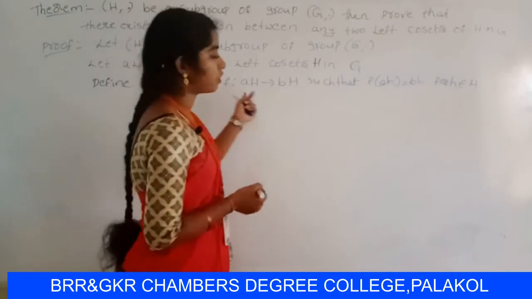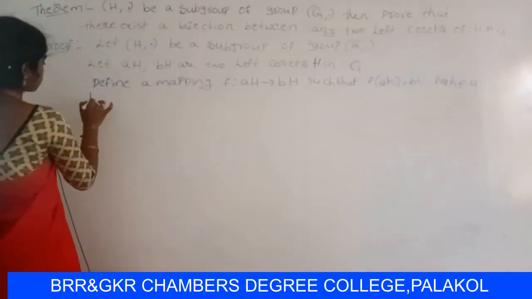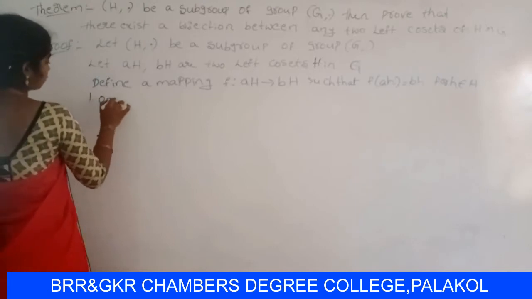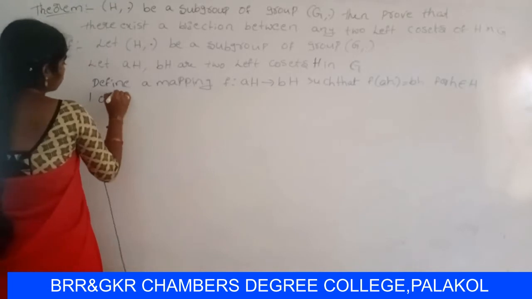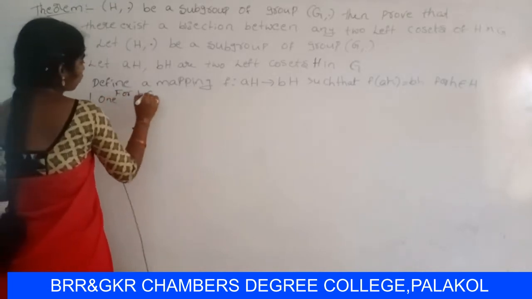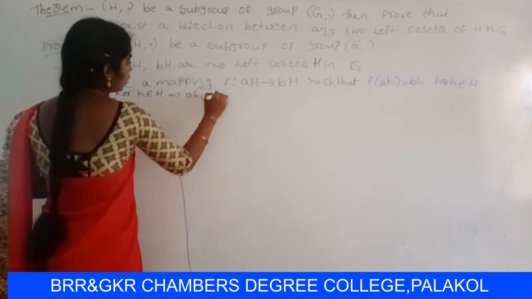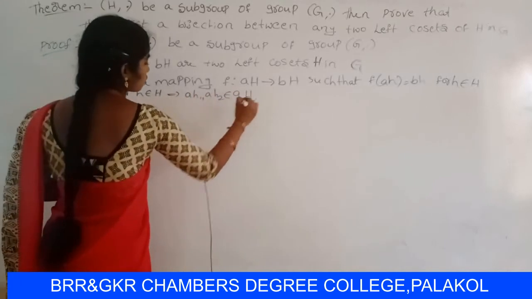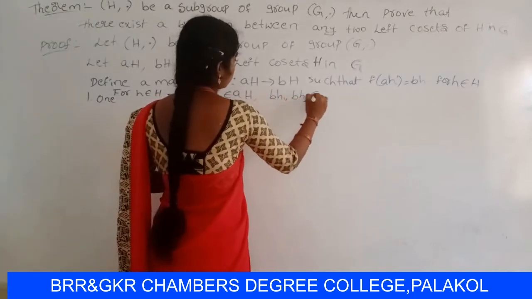So we have to prove only one-one and onto mappings. So first, one-one. For h belongs to H, that implies ah1, ah2 belong to aH, and bh1, bh2 belong to bH.